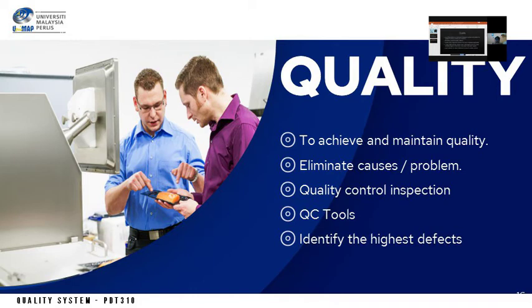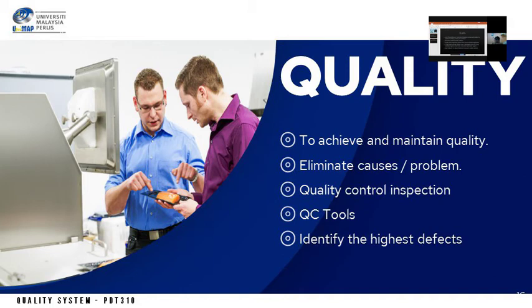Now, quality system or quality control also help eliminating cause of quality problem. So every product, every process, every service, there will always be a problem, and quality control help to eliminate or minimize the quality problem. And next is quality control inspect the product at the end of the manufacturing process.